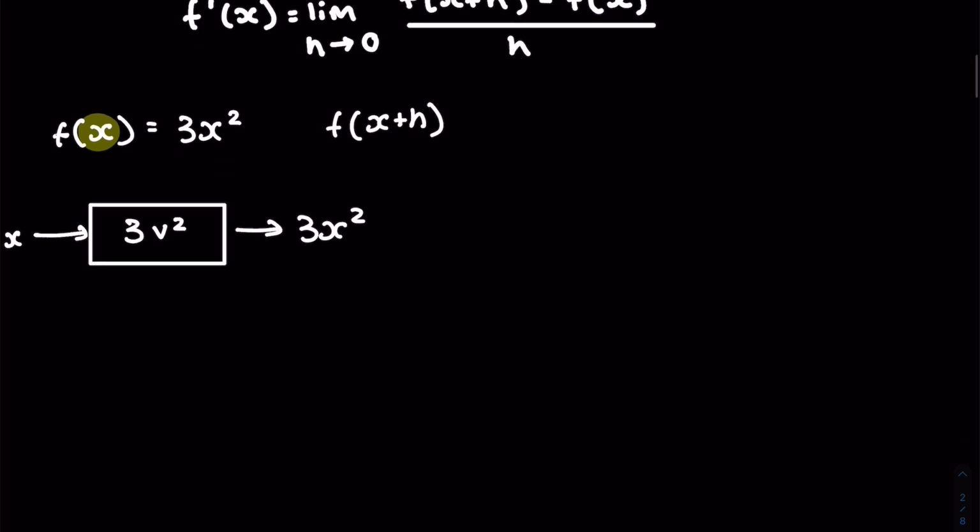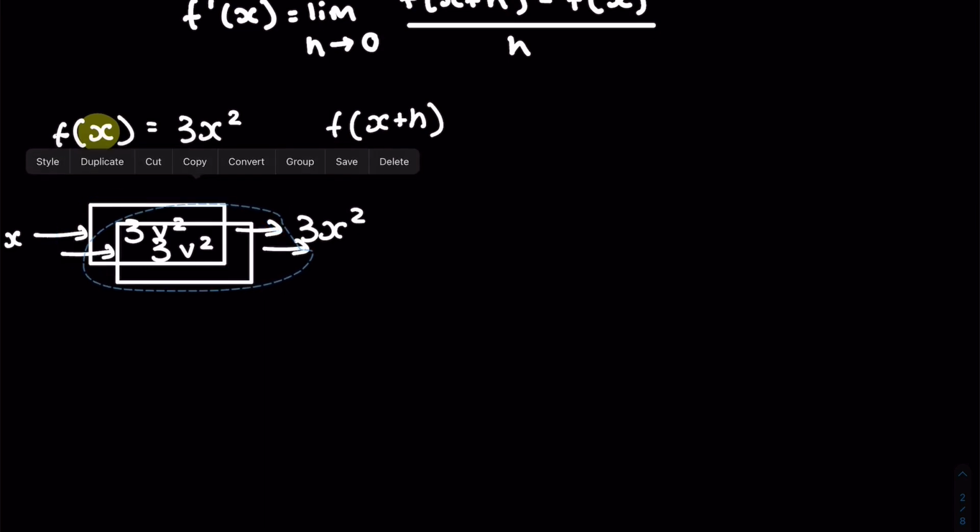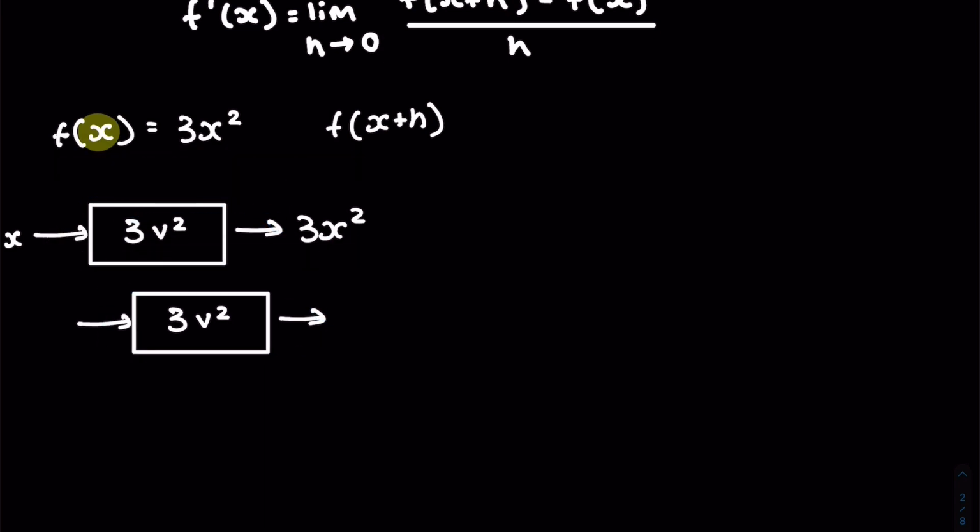And if we apply the same thing again, so if I duplicate this, instead of saying x, we're going to put in brackets, x plus h, since that's how far we've moved along the x-axis, like I've shown above. We're going to replace where our v is and say we've got 3(x plus h) all squared. And that is what our f of x plus h will be equal to.